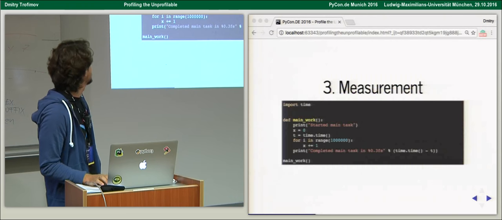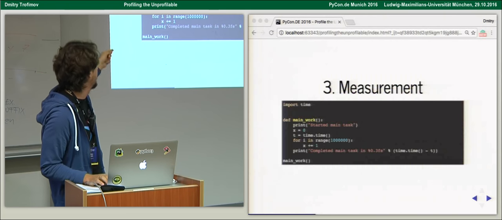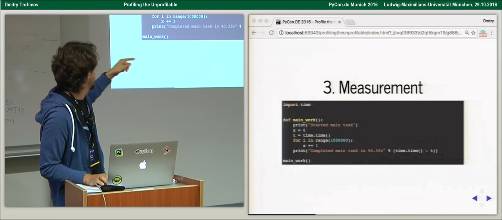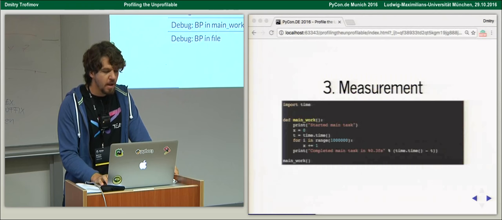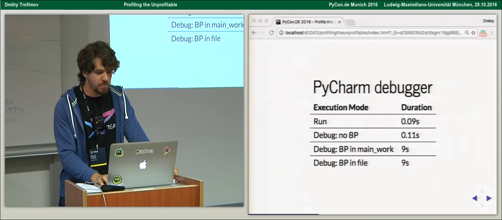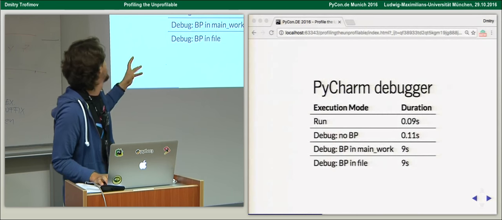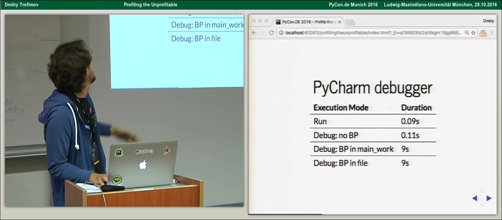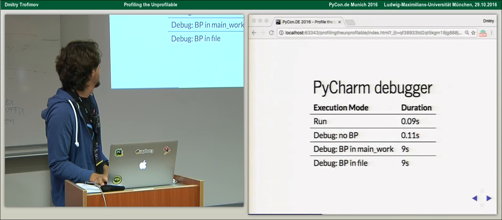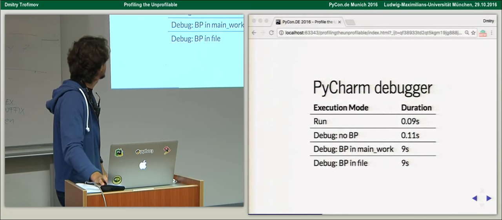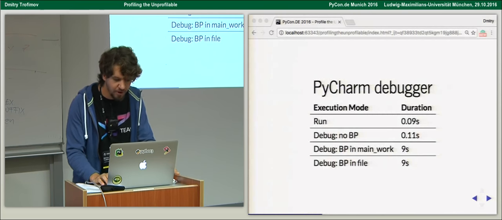We will just use module time, record the time before the loop, and then print it afterwards. And if we measure it, we have approximately these values. So it's 9 seconds for debugging and very, very low for normal run.